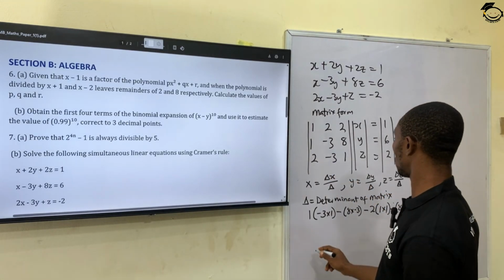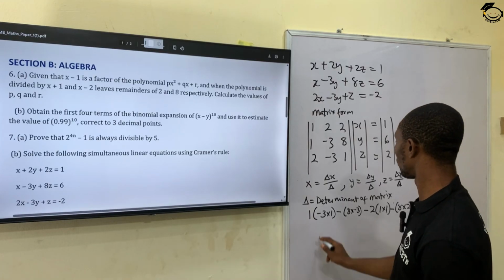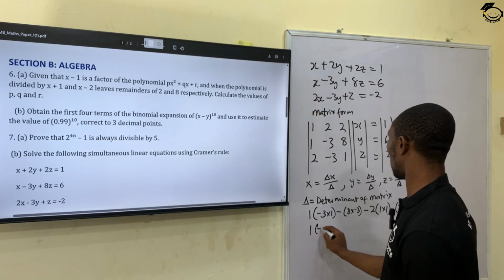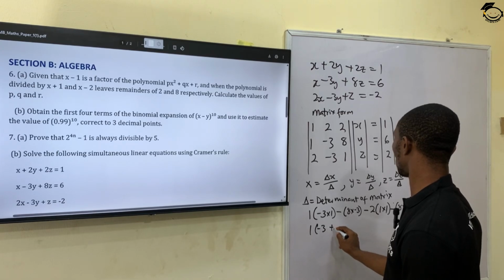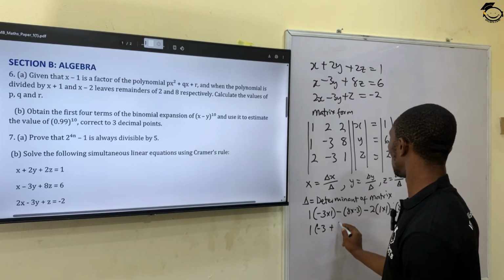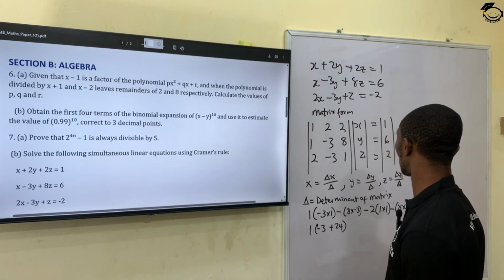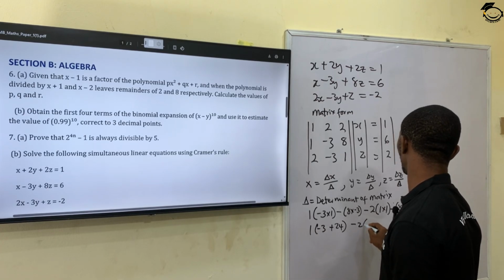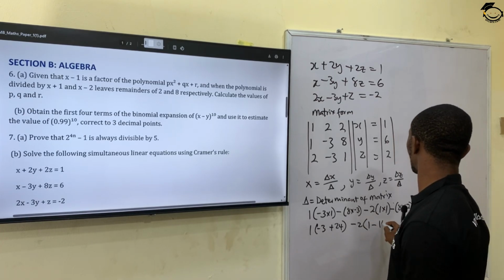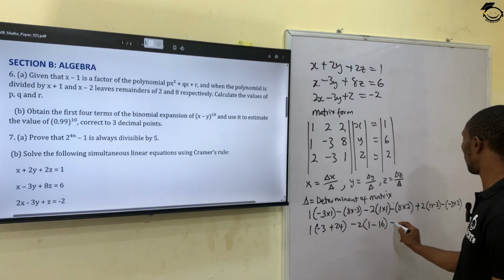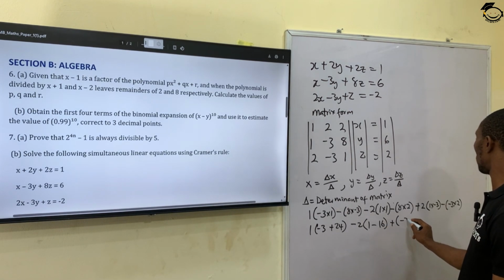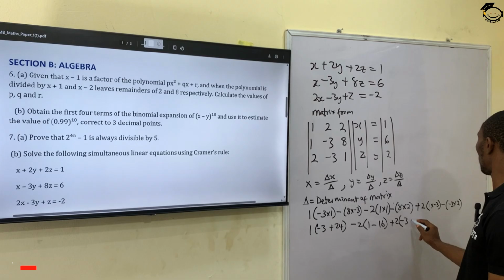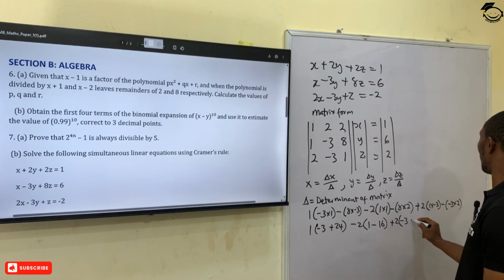So this gives us 1 times minus 3 plus 24, and minus 2 times 1 minus 16, plus 2 times minus 3 plus 6.